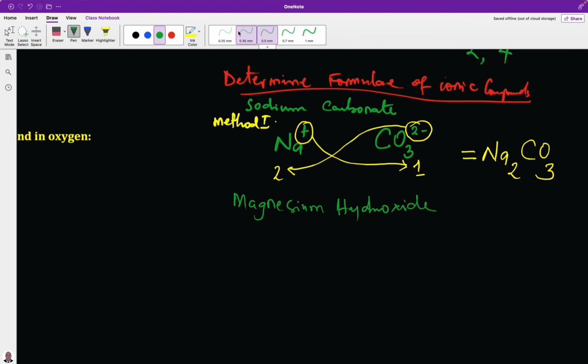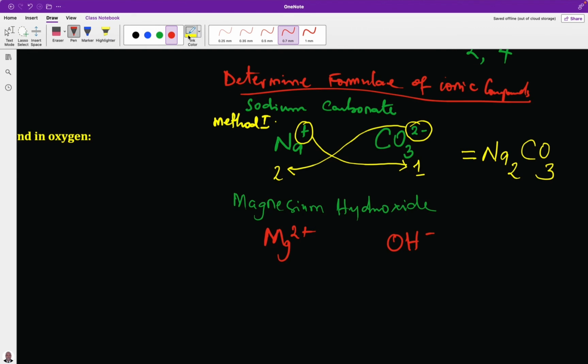We need now to write what? We need to write the ions. Magnesium is Mg2 plus. Hydroxide is OH minus. Okay, we need to swap them.